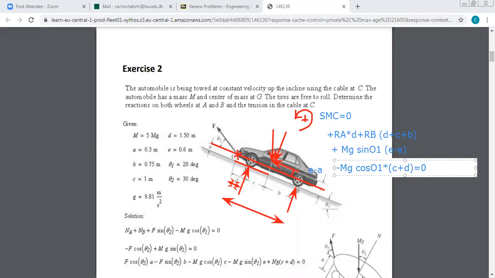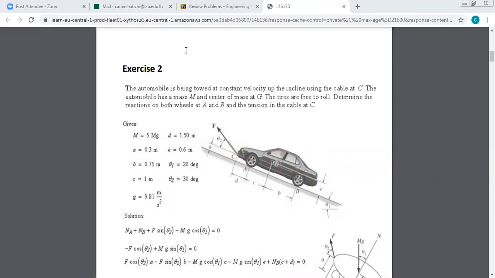Doctor, please, can you repeat how we got the x and y components? Yes, of course. The weight is along the vertical. This is the direction of the weight. Now, how to project the weight on x and y? You need to find the angle. So you need to know the angle of the weight with x, and x is along the inclined line.